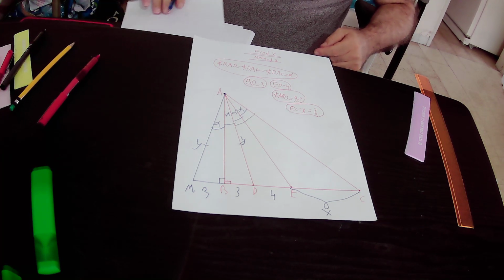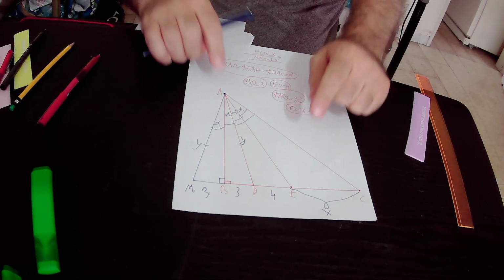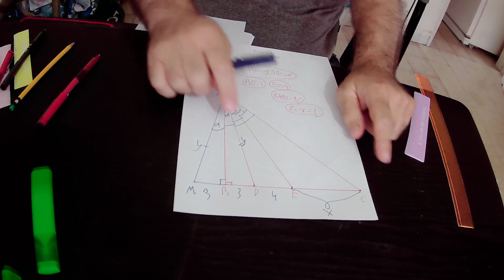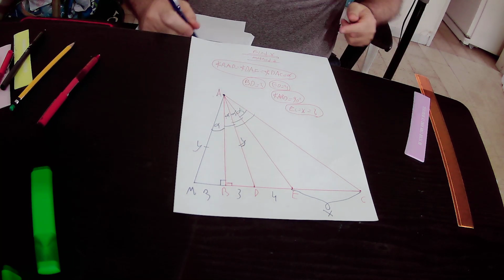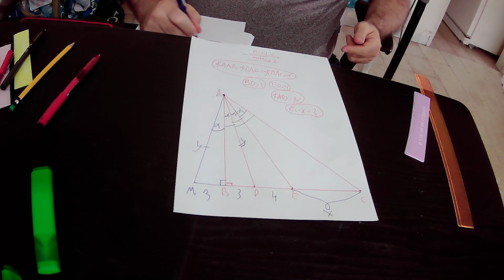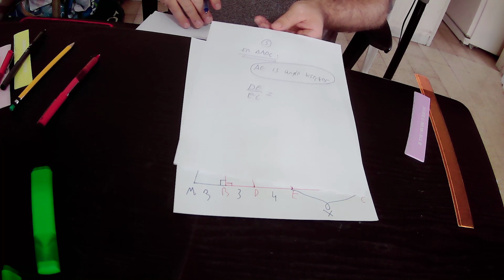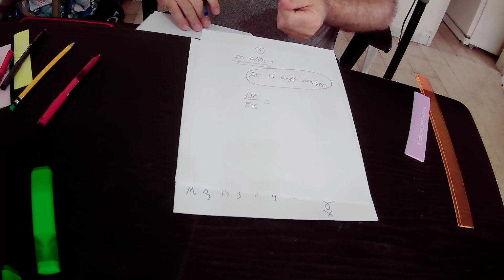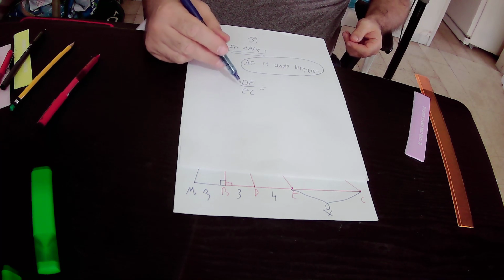And according to the angle bisector theorem, the angle bisector AE divides DC in a ratio of DE over EC.